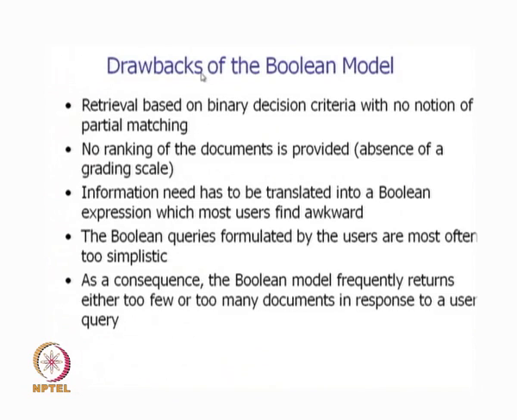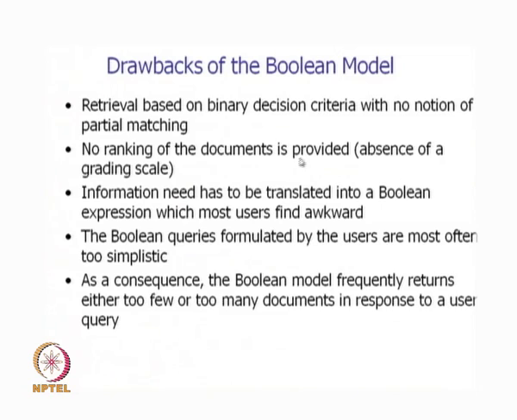However, there are a number of drawbacks of the Boolean model. So, we have said already that retrieval is based on a binary decision criterion with no notion of partial matching. The Boolean model of matching and relevance insists on complete matching. Each term must be either present or absent.